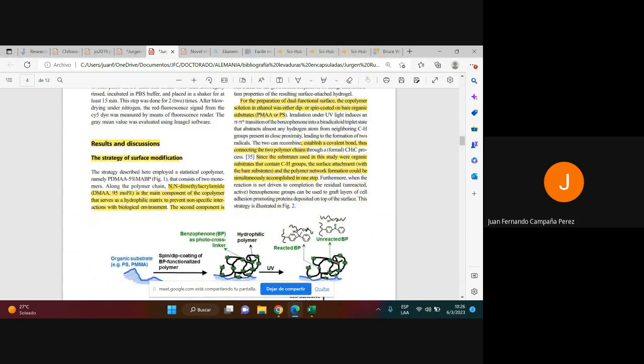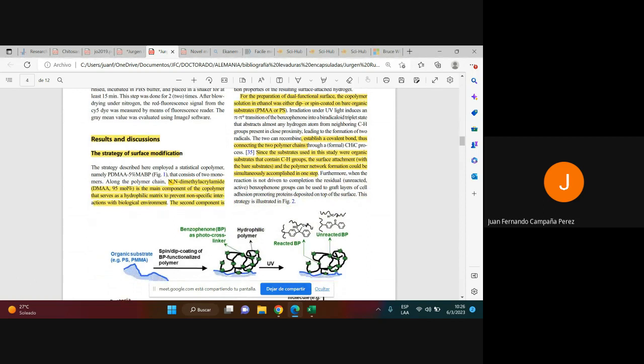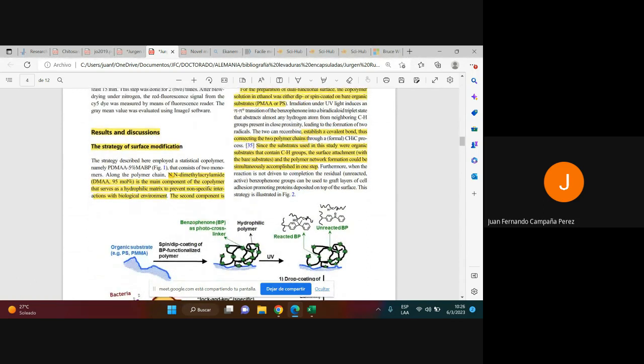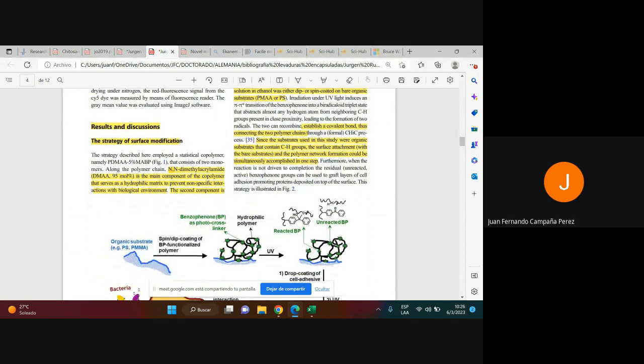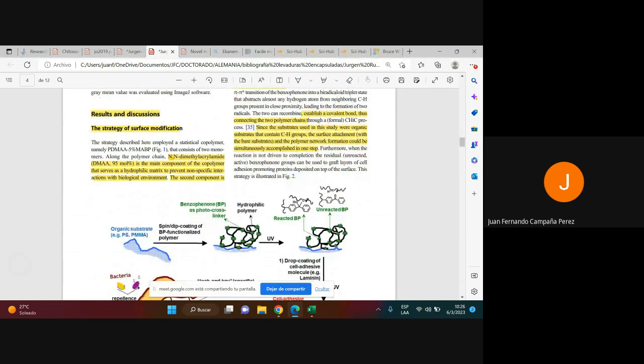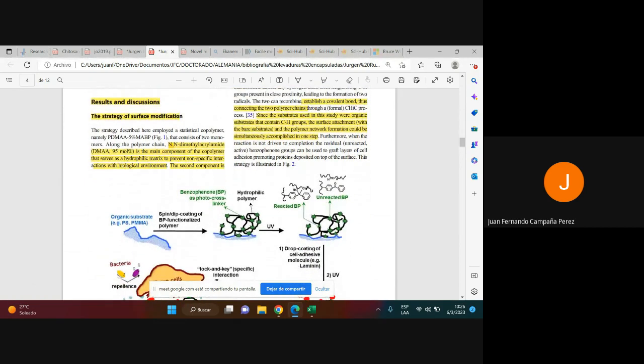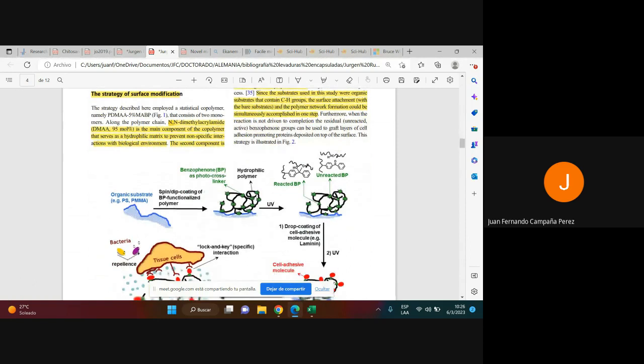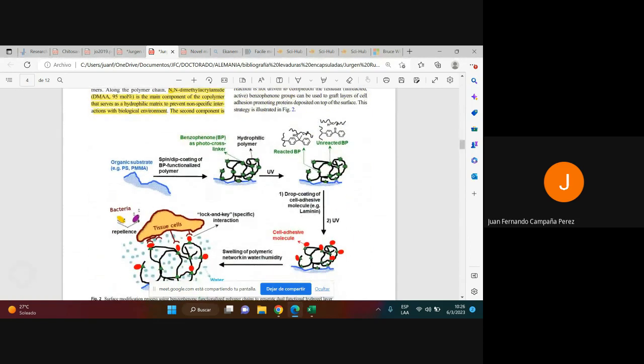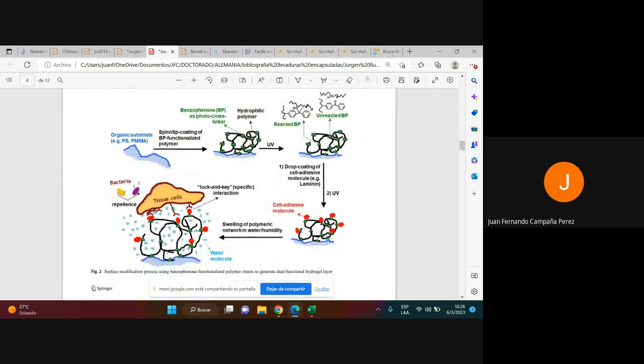They use ethanol to dip or spin coat bare organic substrates like PMMA or PS, and later establish a covalent bond to connect the two polymer chains. In this illustration, we can see the whole process.